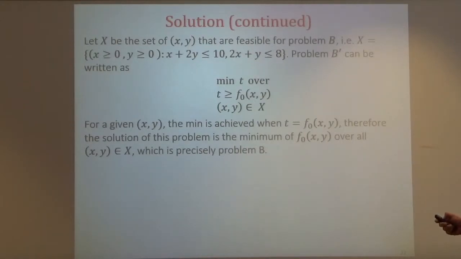If I have to minimize t over, no, that's exactly the proof that we have done before. So the trick is that minimizing t over a constraint of this thing is the same as minimizing f0 of x and y.